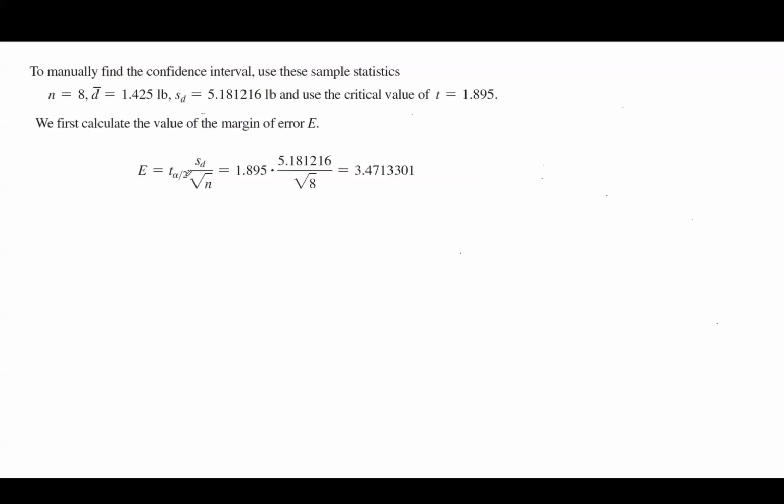So the critical value, which is 1.895, times the standard deviation of this new data, divided by the square root of 8, which is 3.47. Okay, now that we have the margin of error, we're going to go to the next step.